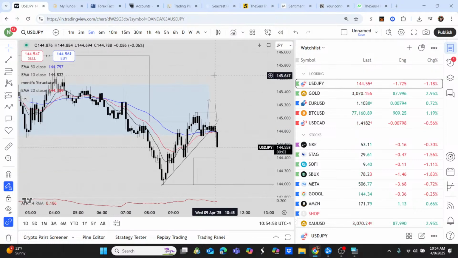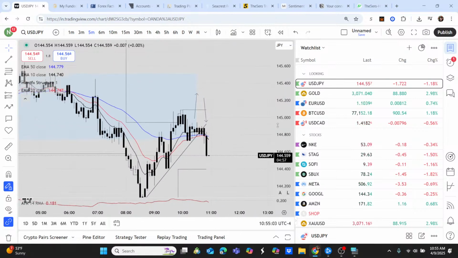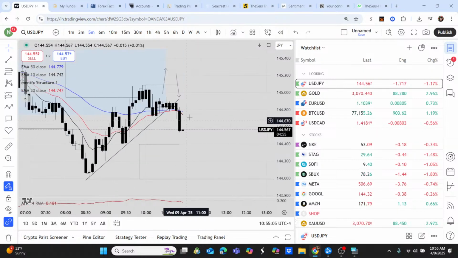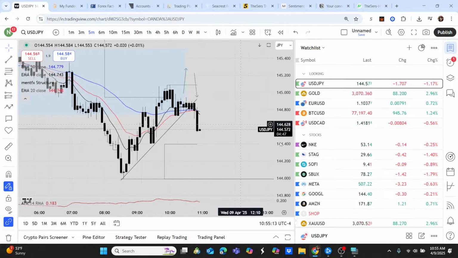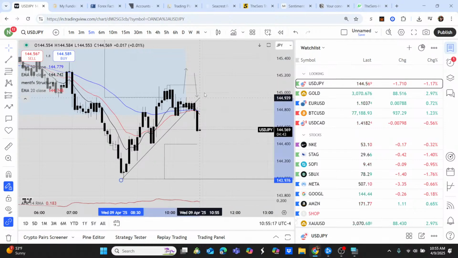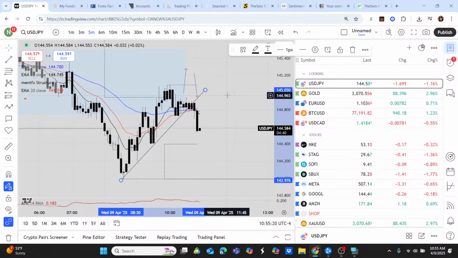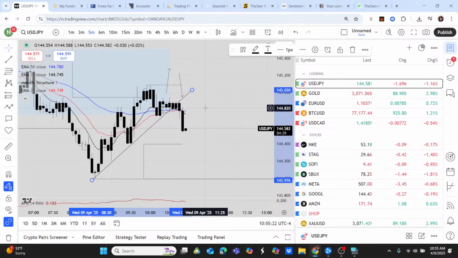Not entries, but if we can get this pause, I'll take my risk with USDJPY first, and that's it. If I end up taking a loss and there's room, there's still time, and gold sets up, I'll take another opportunity because my rule is no more than two losses in a day.